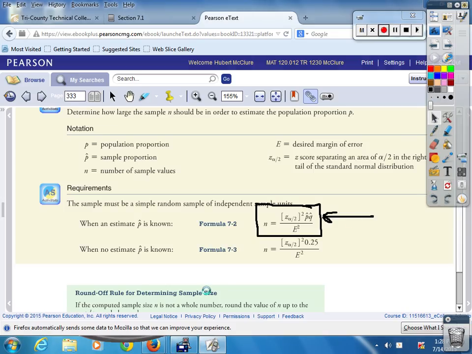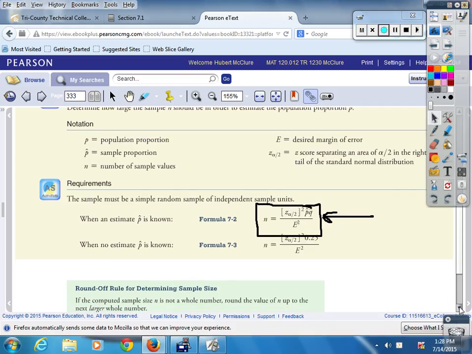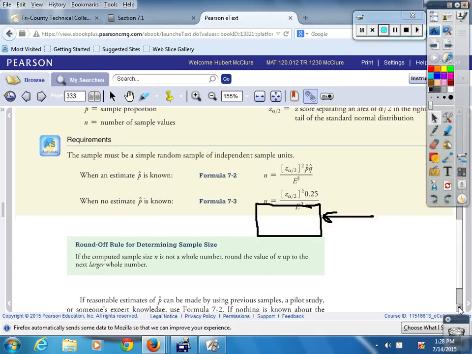And here's your round off rule right here with N, because you're trying to find a sample size. It says if the computed number is not a whole number, round the value what? Up. Okay, now we're going to go over this a few times because some people can't read. I mean, y'all can read the sentence, but this is what y'all say.